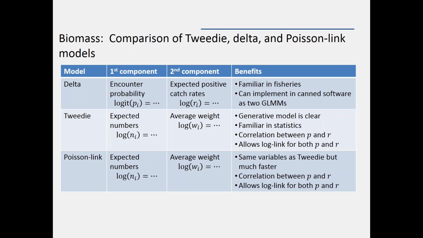It's clear what the generative model is, and it's nice having a generative model that's biologically motivated. There's also some ecological theory about the mean-variance relationship and what that means. And it automatically induces this correlation between p and r, so encounter probability and positive catch rate, that fits macroecology expectations.